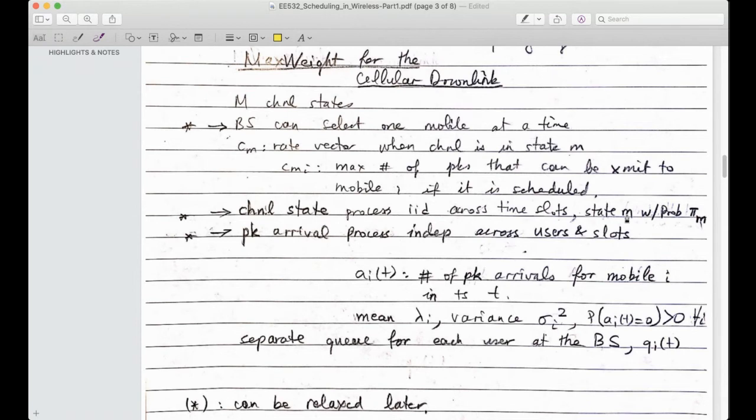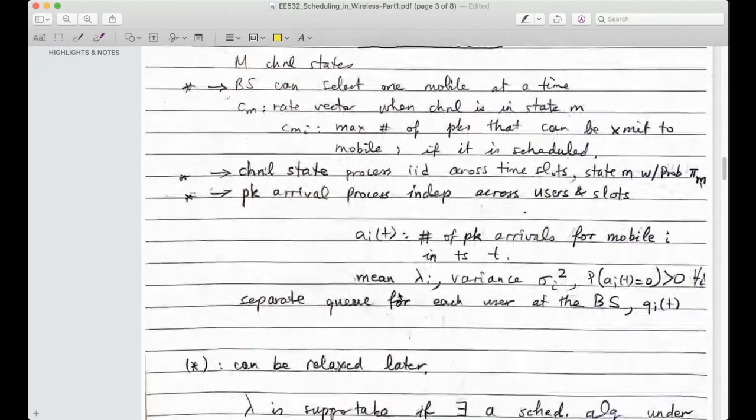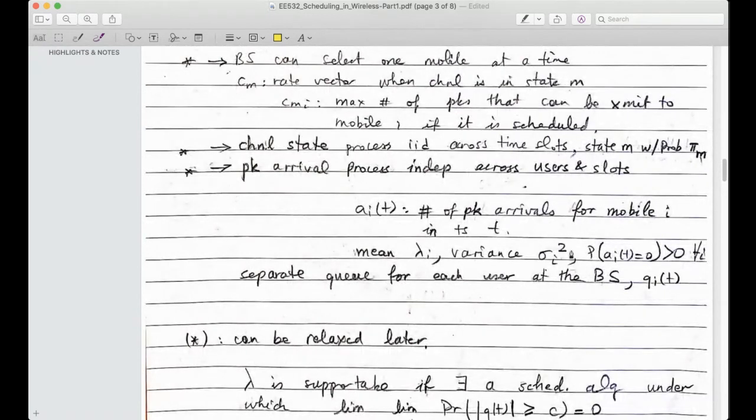And the packet arrival process is independent across users and slots.